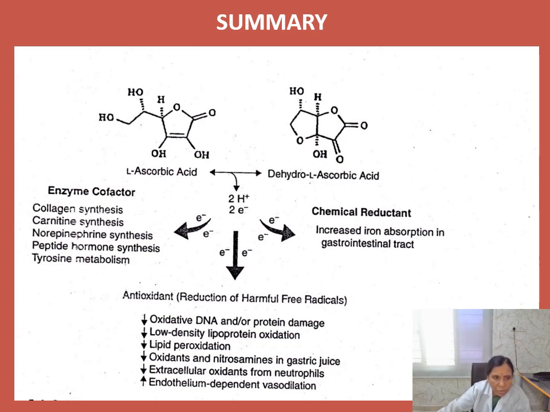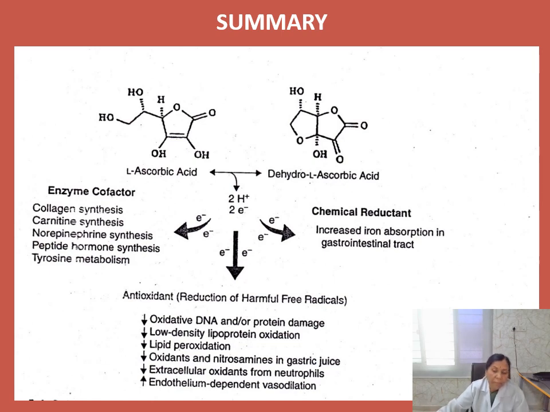Here, collagen synthesis, carnitine synthesis, norepinephrine and epinephrine synthesis, peptide hormones, and tyrosine metabolism. And see here, conversion of ascorbic acid to dehydroascorbic acid, and increased iron absorption in the gastrointestinal tract. This is the chemical reductant and antioxidant property also.